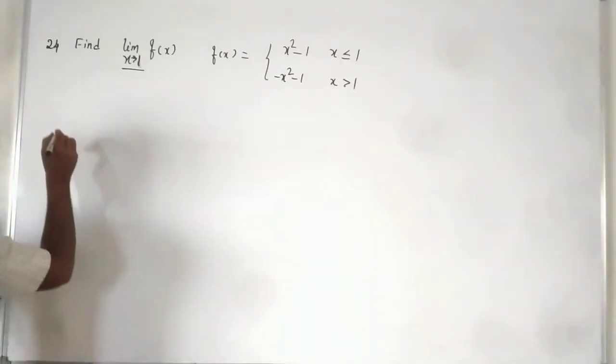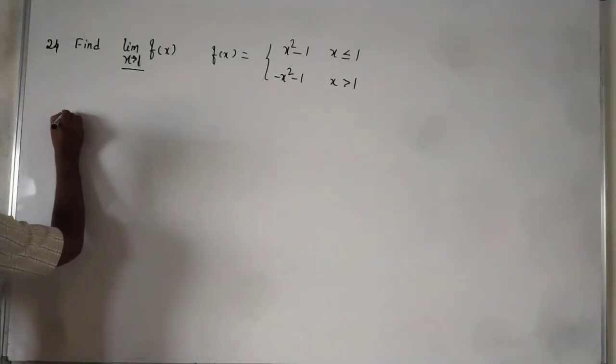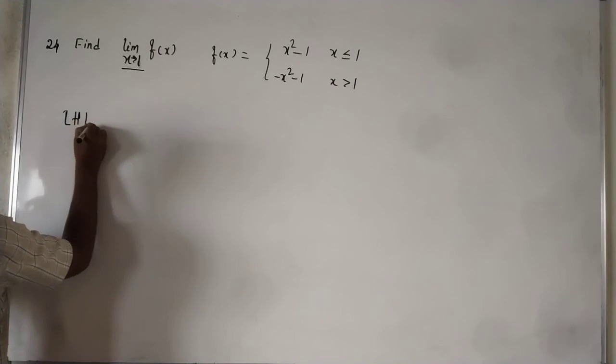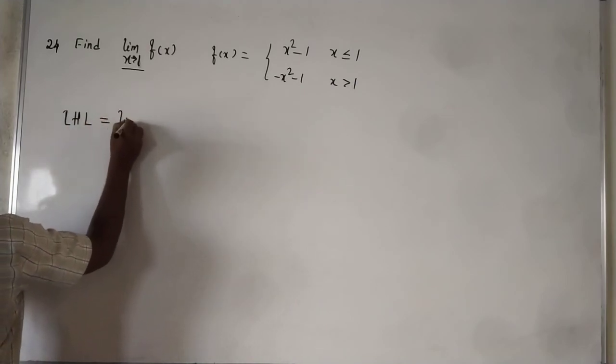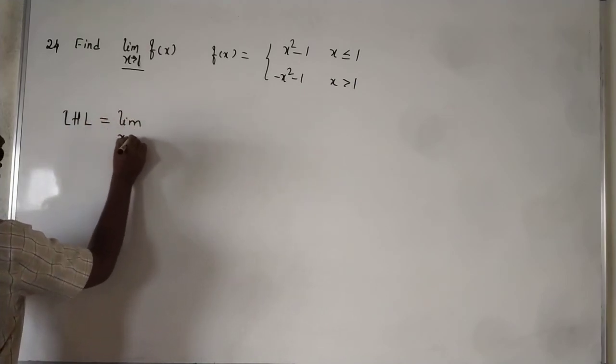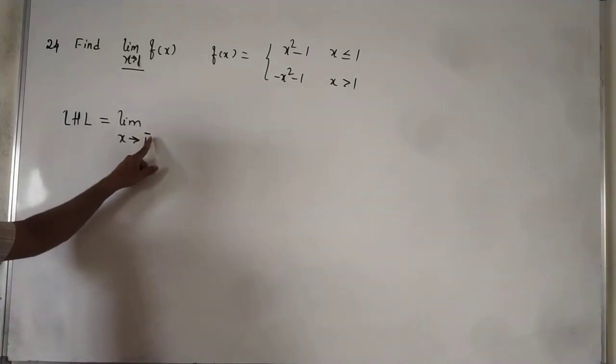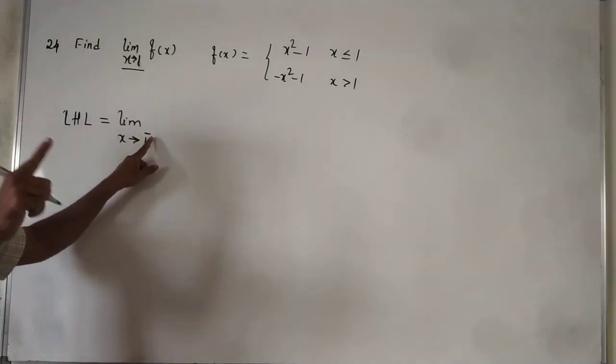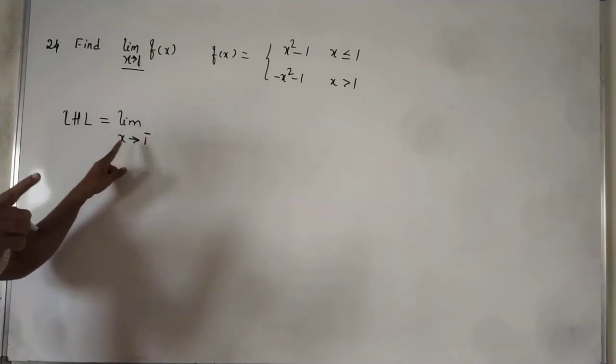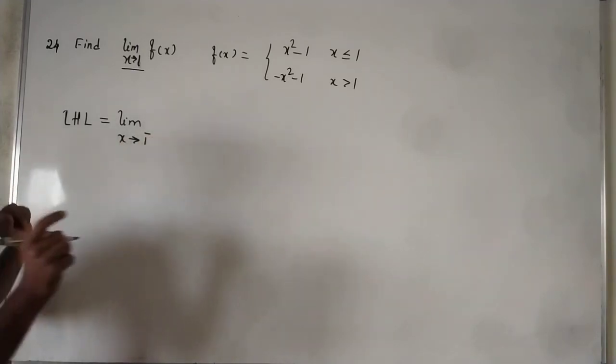So let me find out the left hand limit. At which point are we going to find it? At 1 minus, which indicates that the definition of the function must be for less than 1.